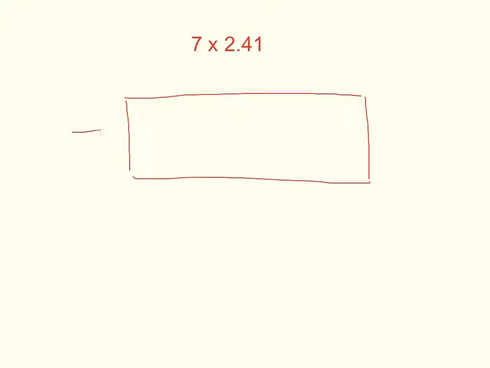So for 7 times 2.41, I will do my area model, which really is putting it into its place value. I have 7 times 2 ones, 4/10 and 1/100th. So 7 times 2 is 14. 7 times 4 is 28.